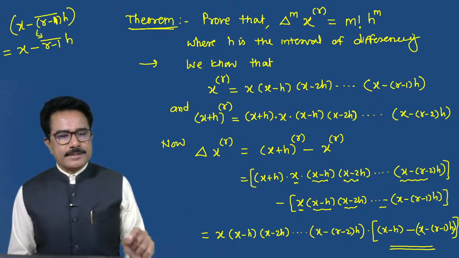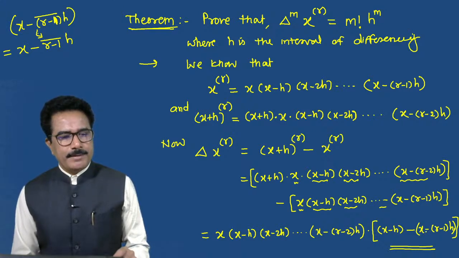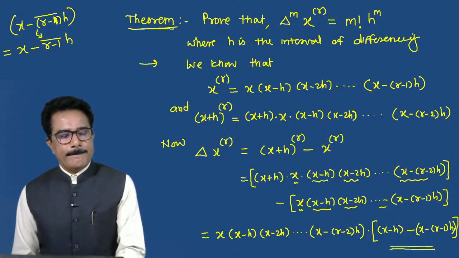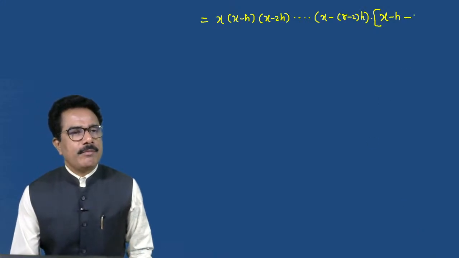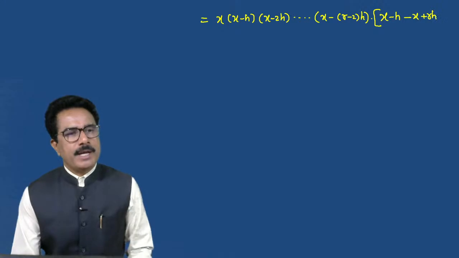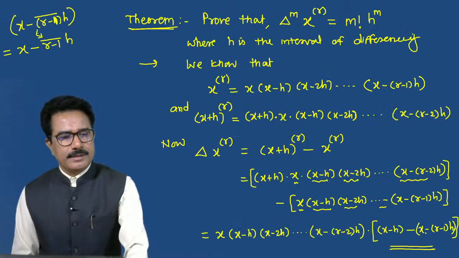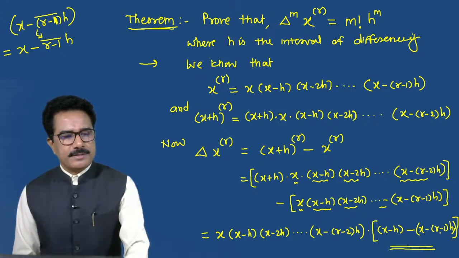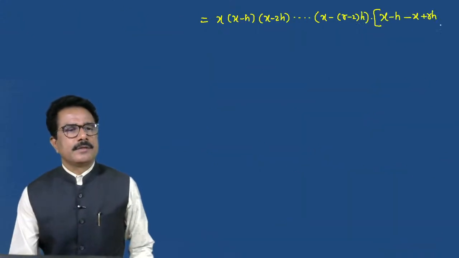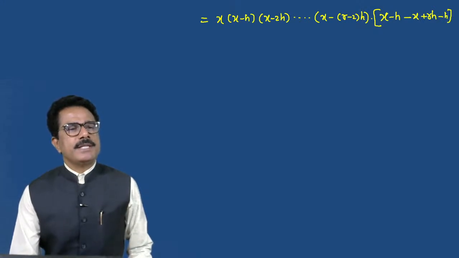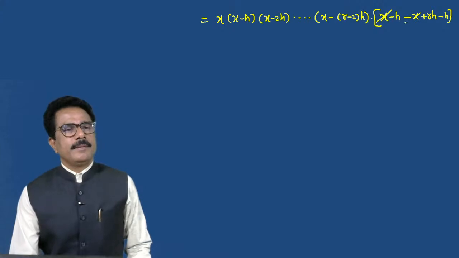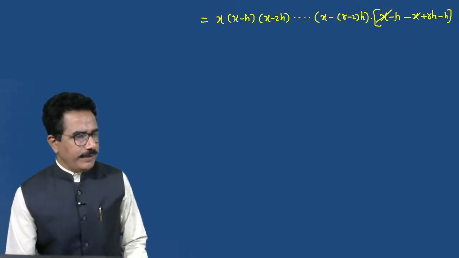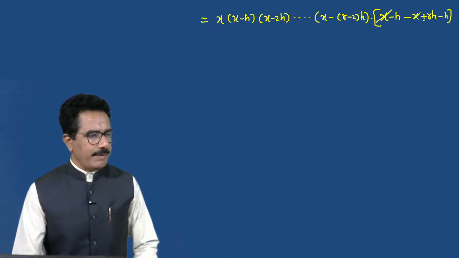Now solve this. x plus h minus x plus rh minus h. See this, x minus x cancels, plus h minus h cancels, so what remains? rh.